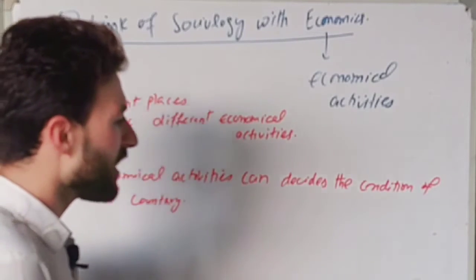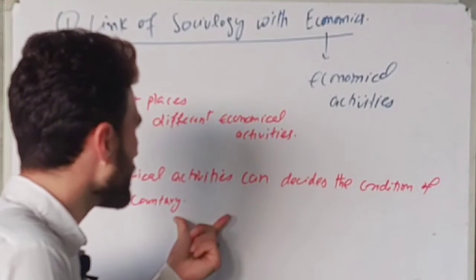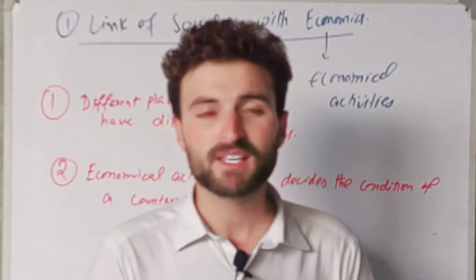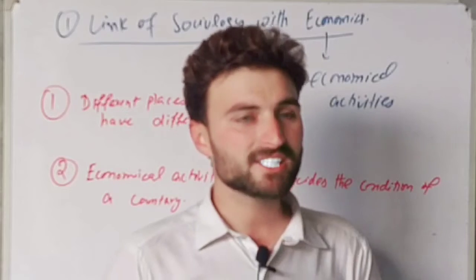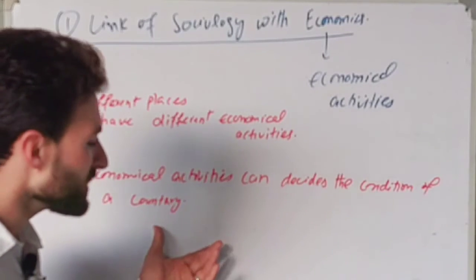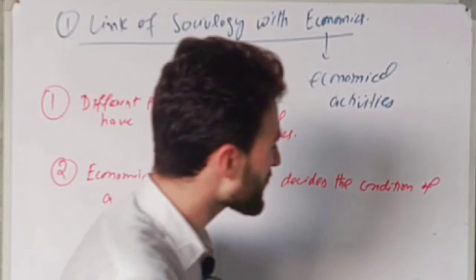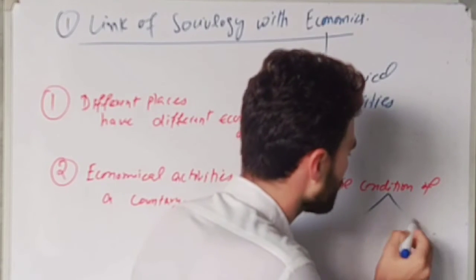As I have already discussed this point when I was discussing the economical activities. What does this point mean? This point means that because of economical activities, the country can go into two kinds of condition.